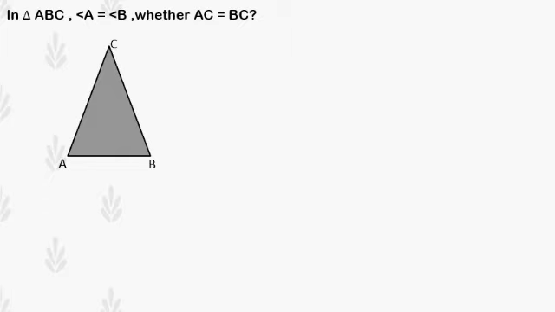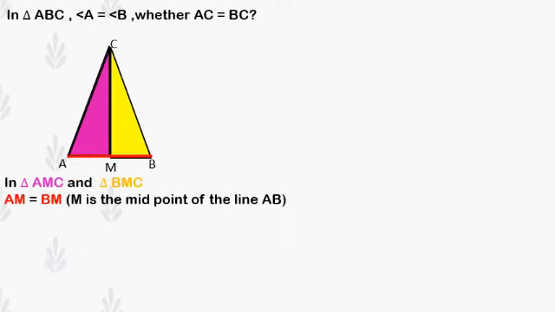Draw a perpendicular from the vertex C to the base AB. Here also M is the midpoint of the side AB. Now we have two triangles, triangle AMC and triangle BMC. Here side AM equals BM. Here M is the midpoint of the side AB.